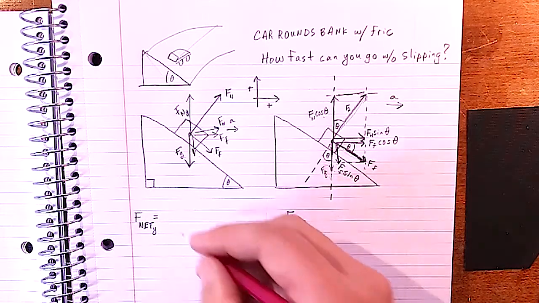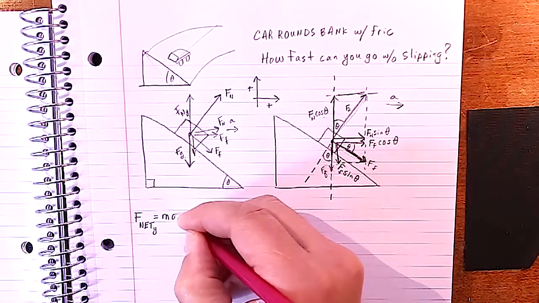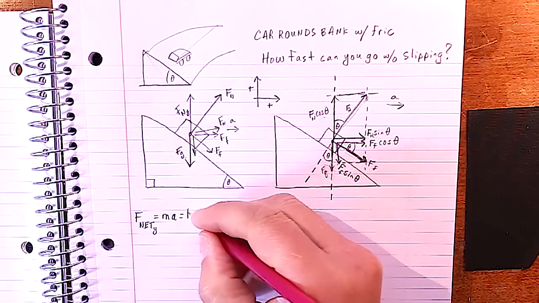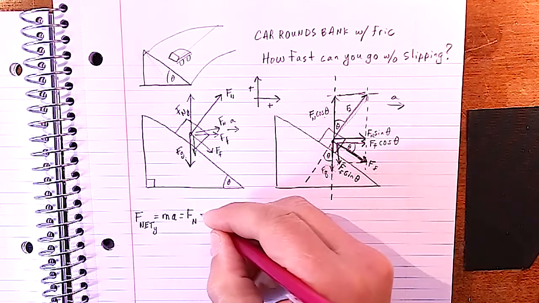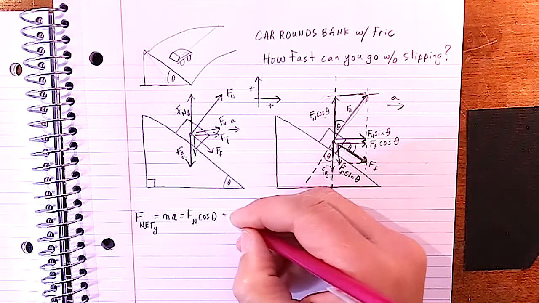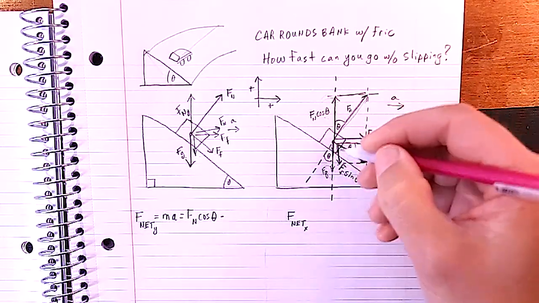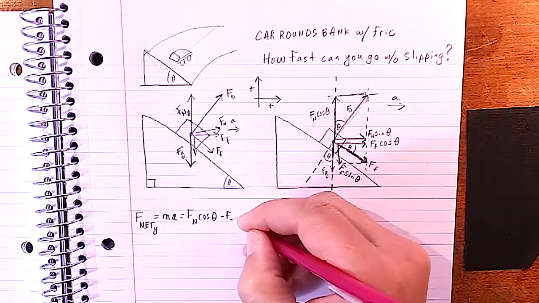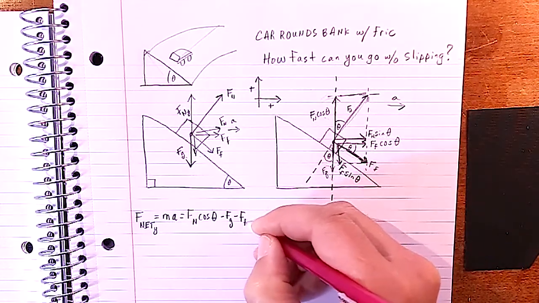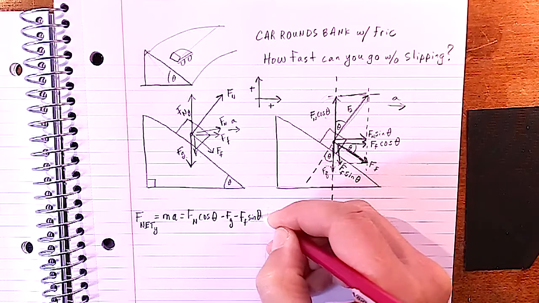So let's go ahead and set up our F net y equation. We have F net y equals ma equals, upwards we have Fn cos theta right here, minus, and what's acting down? Well, we have Fg, and we also have minus Ff sine theta.